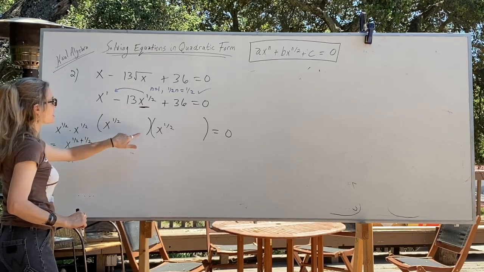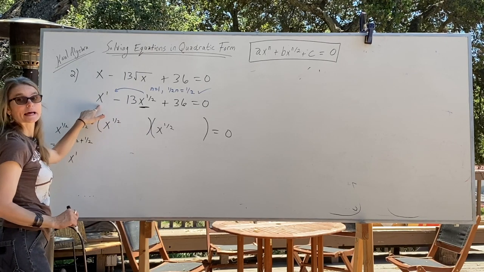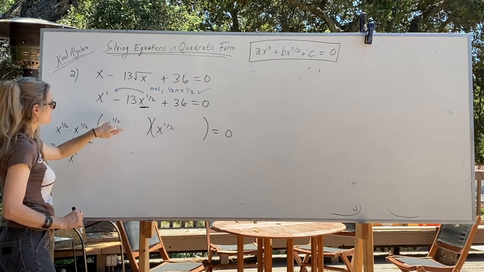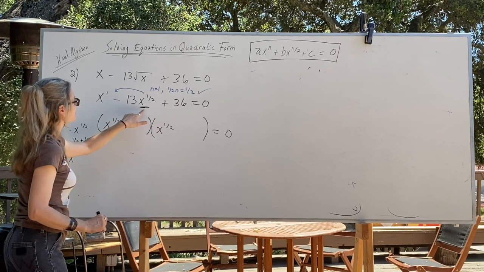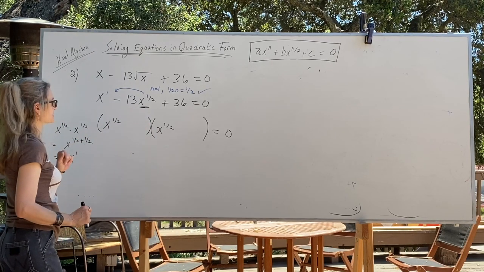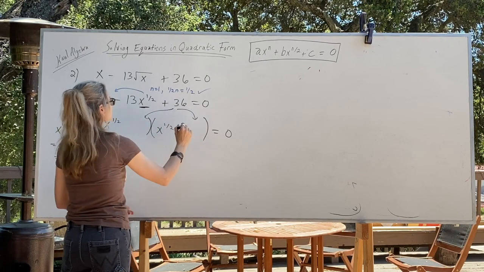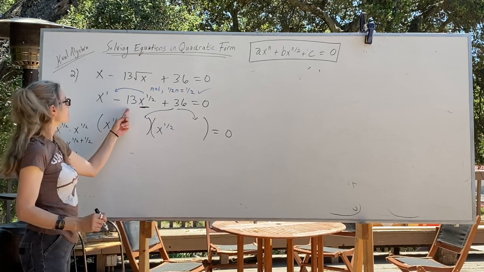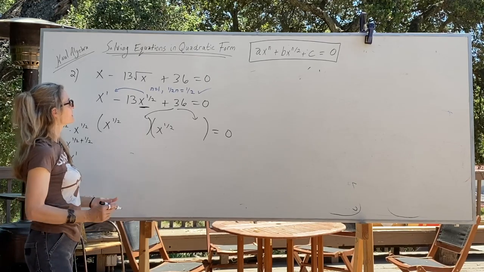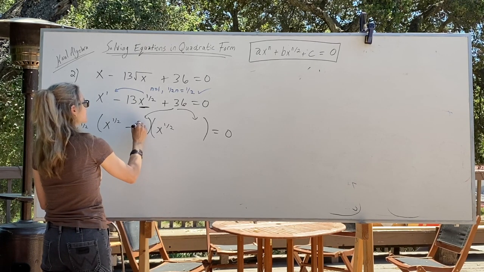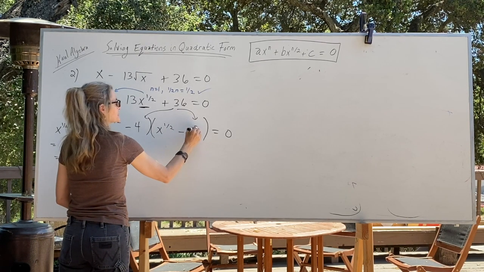So this combination will make my leading term, and this will also create my middle term. Now I just need my factors of positive 36 that add up to my middle coefficient of minus 13. So again here I'm going to get minus 4, minus 9.